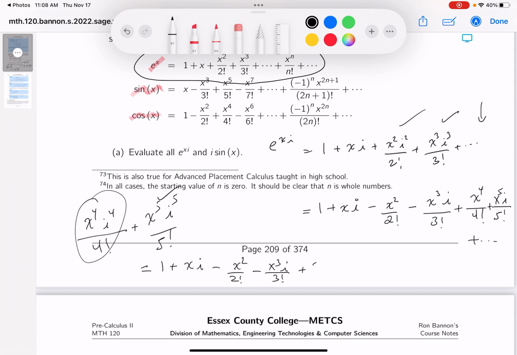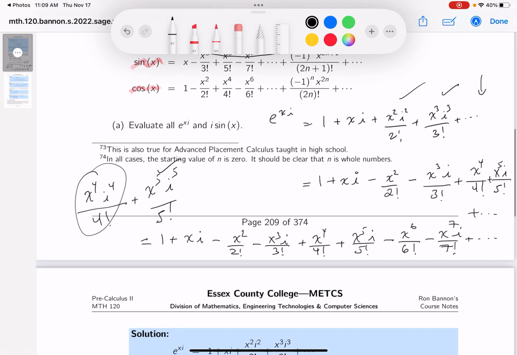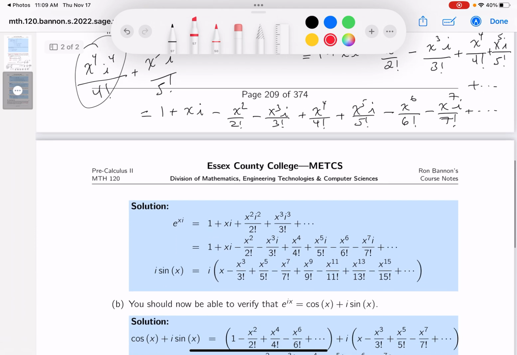Then you can get plus x to the 4 over 4 factorial plus x to the 5 i over 5 factorial, then minus x to the 6 over 6 factorial minus x to the 7 over 7 factorial i, plus, the next two terms are negative, yada, yada, yada. So I think I got that covered. Let's just go to the key and see how we did.